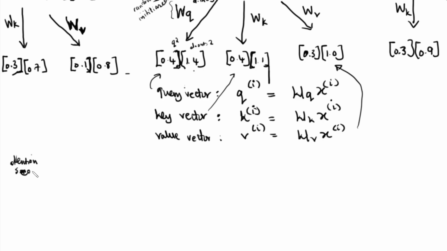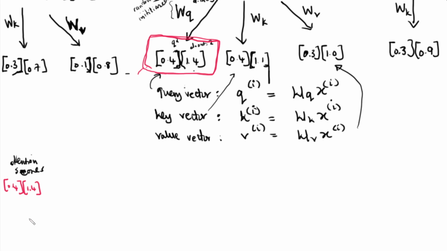And this is where the query now comes in. In this example, we are at stage number 2, right? We are at input number 2. We now take the query vector for that input, and then we use it to calculate attention scores.